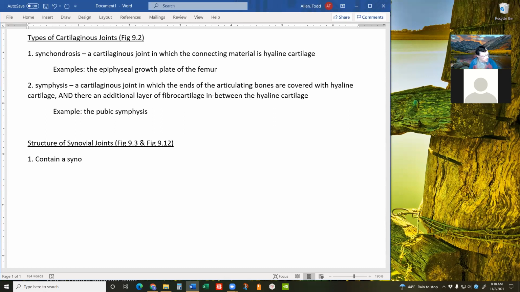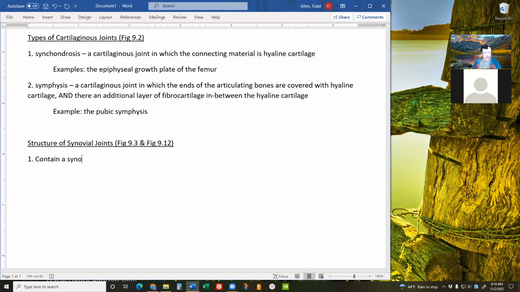In figure 9.3, you can see picture A, and it says the articular cavity. Well, in this context, the articular cavity is the synovial cavity, right?